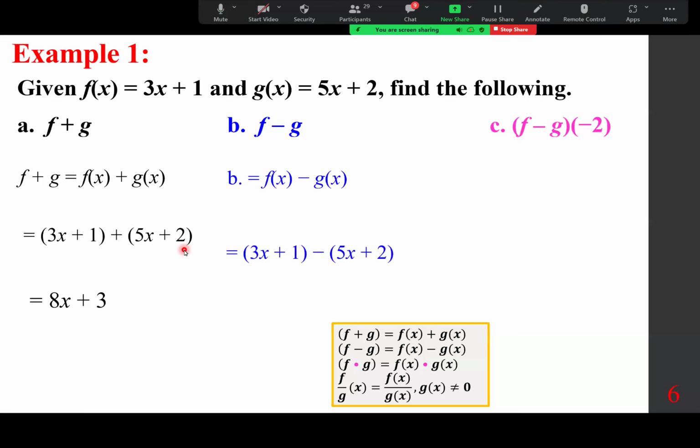Now, all we have to do is distribute this sign. So this becomes minus 5x minus 2. 3x minus 5x adds up to negative 2x, and 1 minus 2 adds up to negative 1.